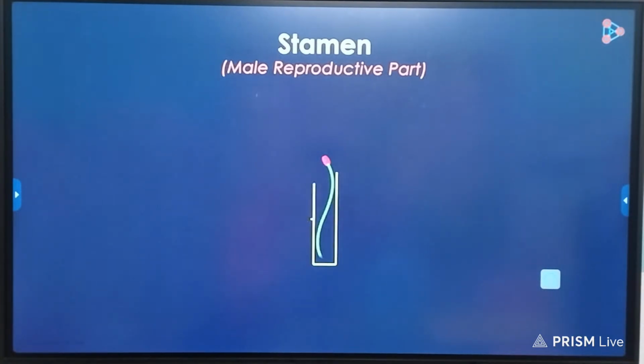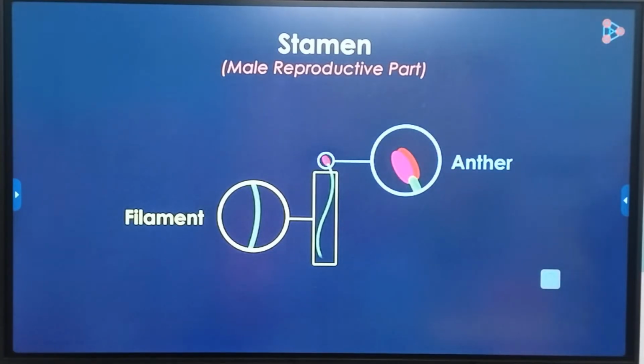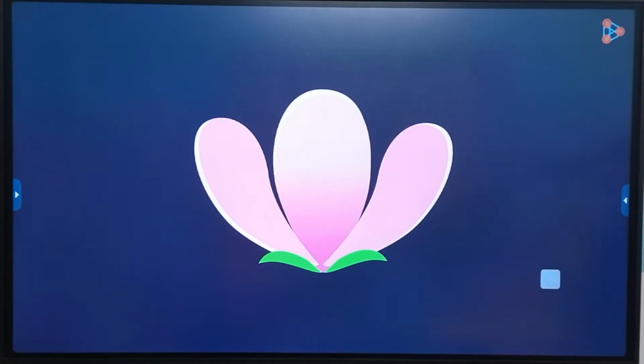The stamen consists of this filament, and this bag on top is known as the anther. The anther contains the golden grains, which are nothing but the male gametes of the plant. Now the next structure in our list would be these delicate and colorful ones. We know these structures, right? They are called petals. And these lower green colored structures are known as sepals.